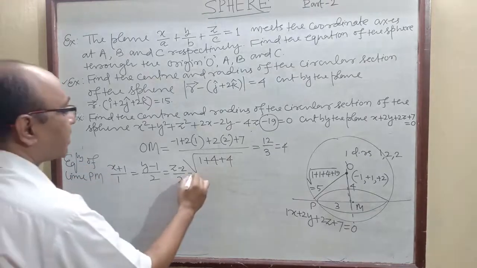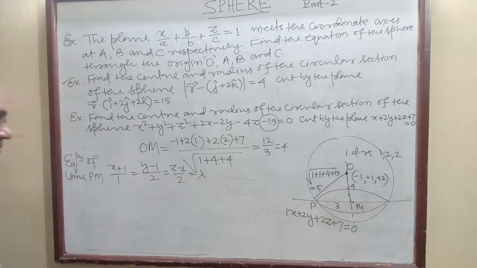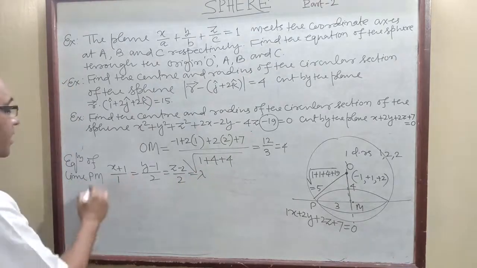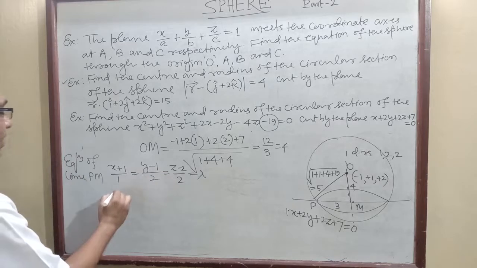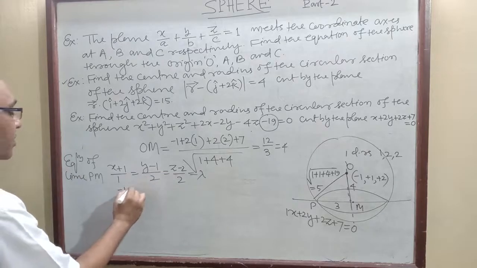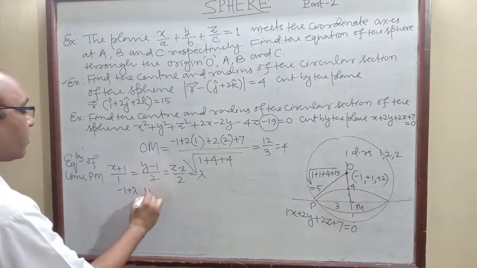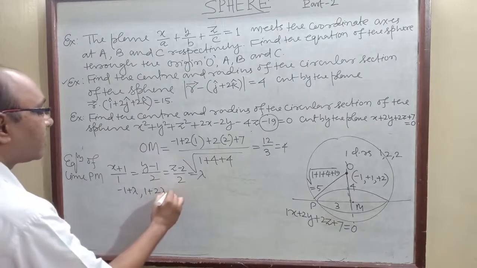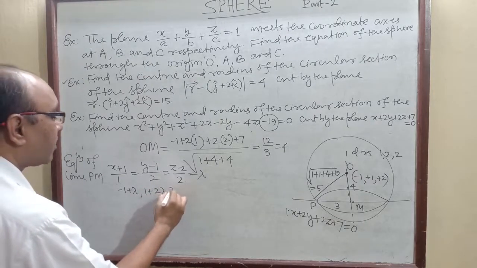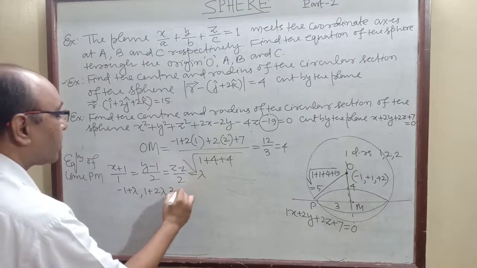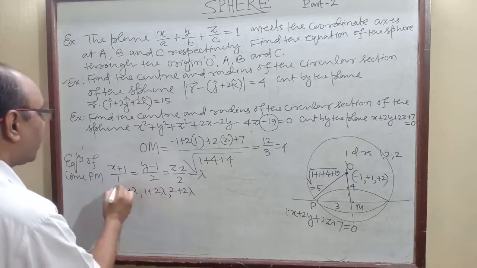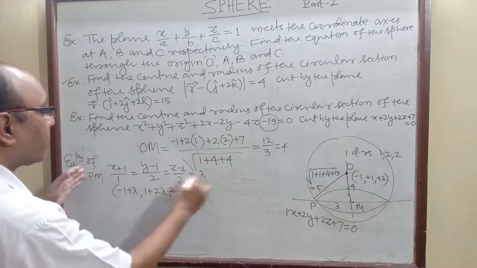You can set this equal to lambda, and from here any general point on the line can be written as (-1 plus lambda, 1 plus 2 lambda, 2 plus 2 lambda). In this way we can write any general point on this line.